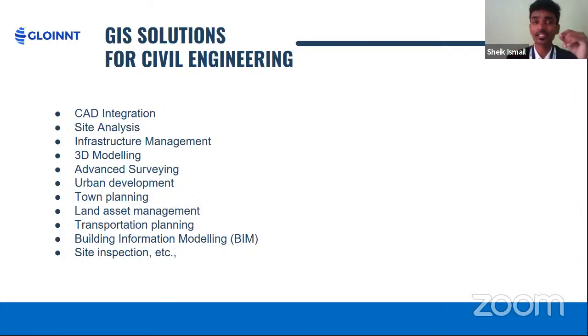And then site analysis, infrastructure management, 3D modeling, advanced surveying, urban development, town planning, land asset management, transportation planning, building information modeling, site inspection. These things will be really helpful. It gives a perfect solution for civil engineers.